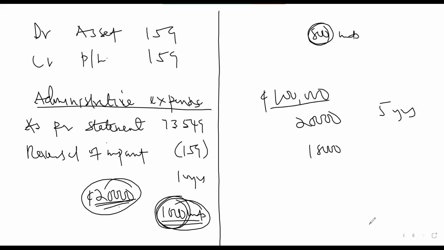It is only the 100,000 value of the asset that can give you 20,000 units. The question now is, if 100,000 is for 20,000 units, what value will give us the 18,000 units? That is the recoverable amount.